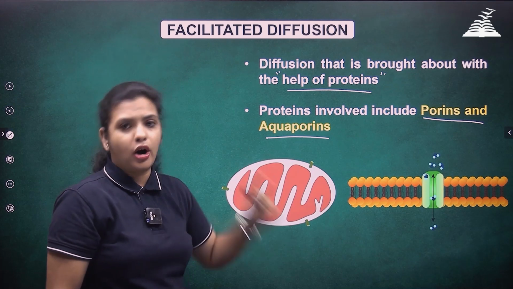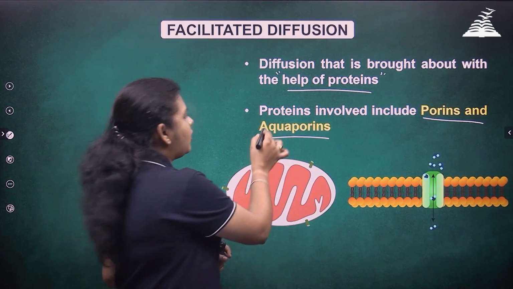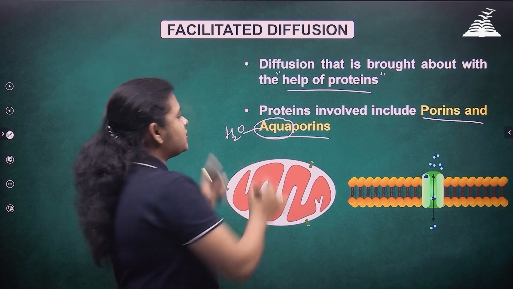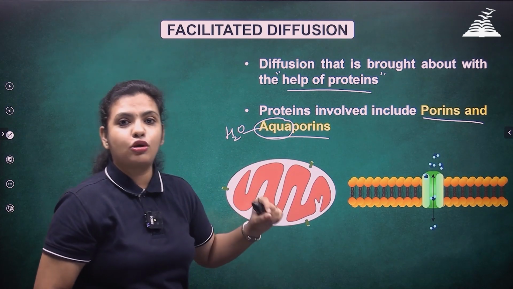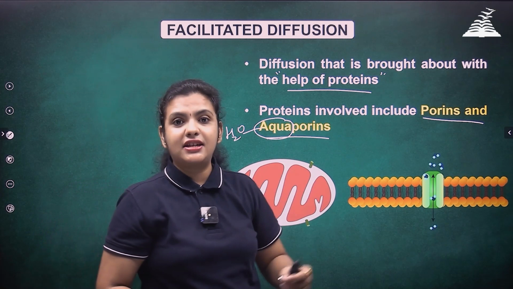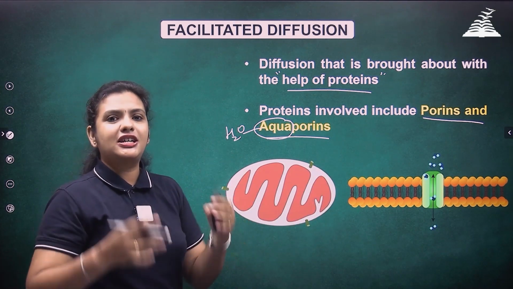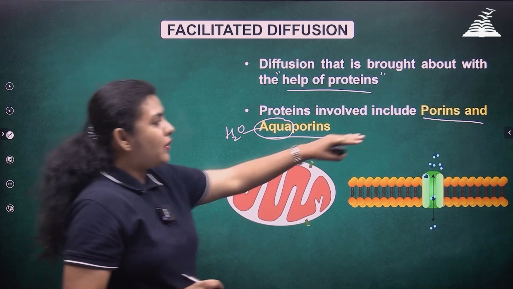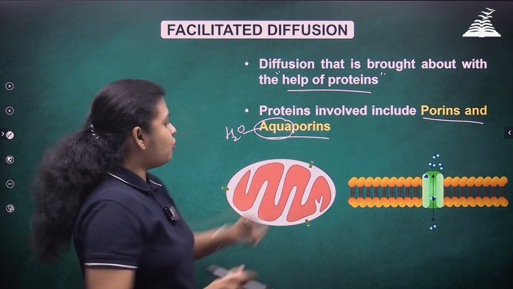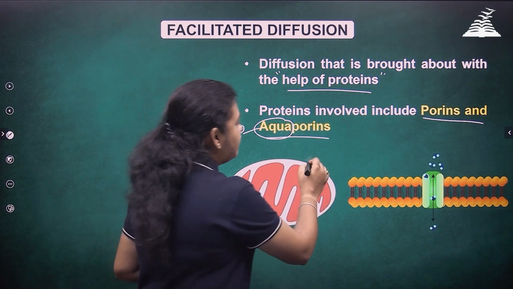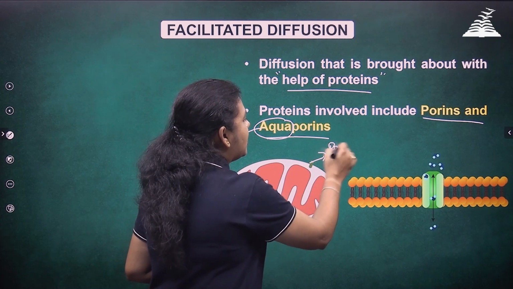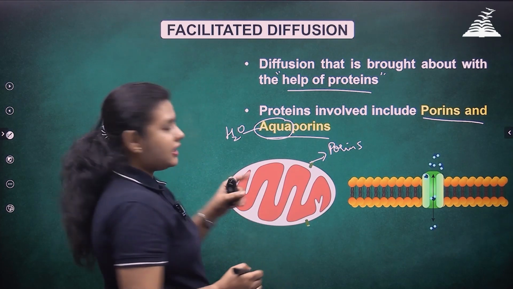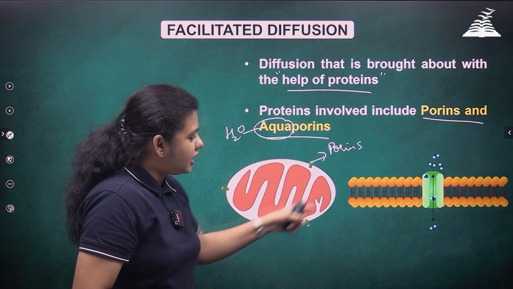Aqua means water, right? So aquaporins are going to help in the transport of water through channels, while porins just help in the movement of molecules. Where are these porins present? Porins are present on the membrane. These are porins. Okay, so you can see porins here, the green colored ones, which are present on the outer membrane.